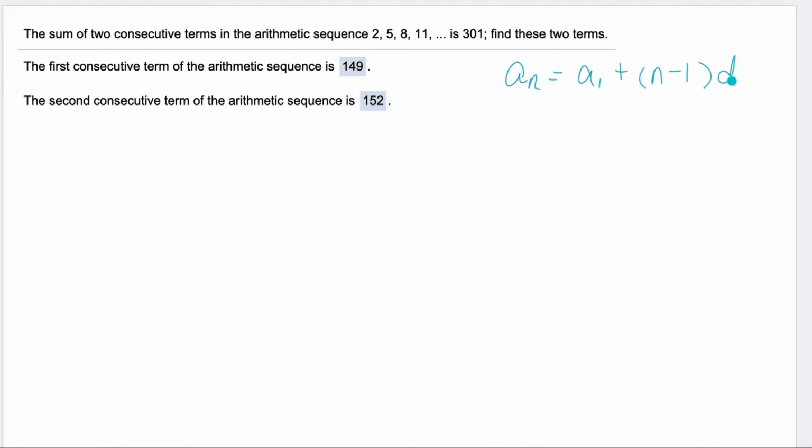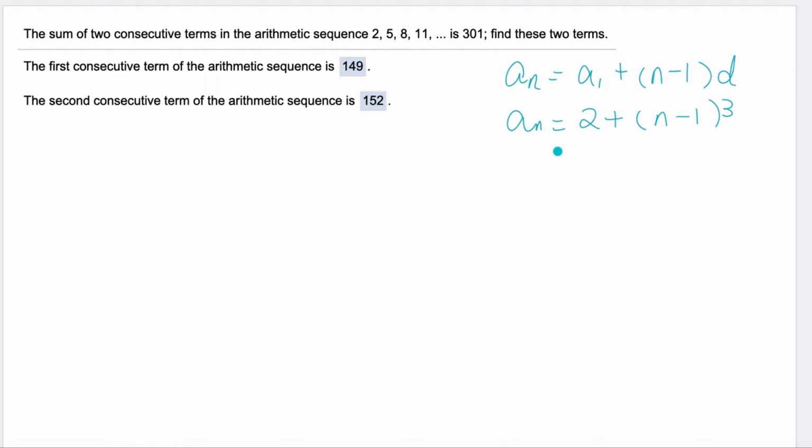D is the change. So we know that it's changing as 3, right? We are adding 3 to the previous term to get the next term. So d is 3, and the first term is 2. So 2 plus n minus 1 times 3.